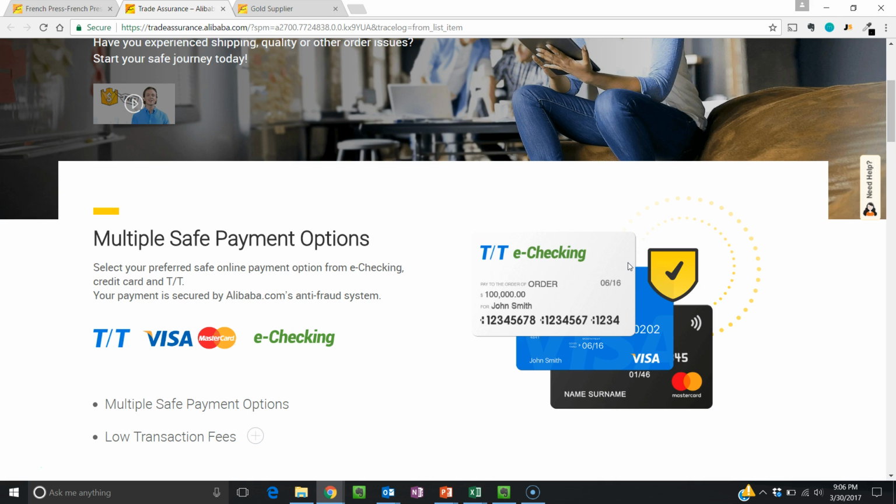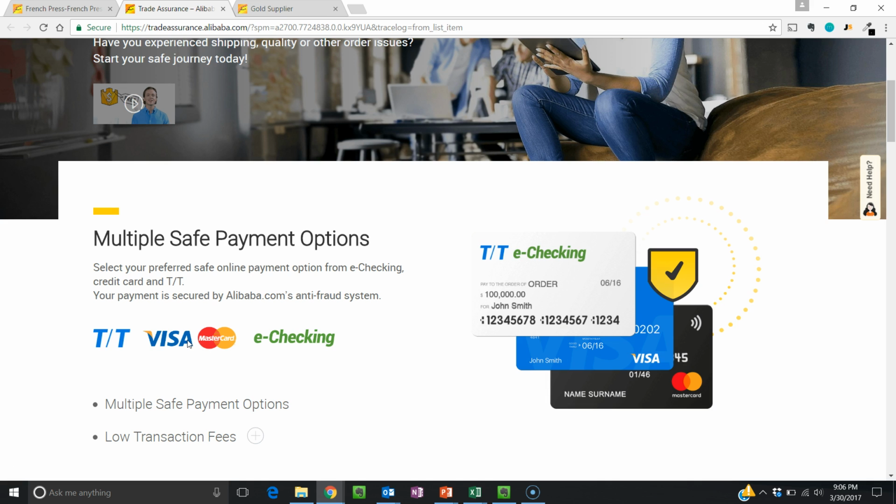It almost acts like PayPal. I know suppliers don't generally like to use PayPal, but it's a system where you can either use TT, which would be like a bank transfer, credit card, or e-checking. I prefer using e-checking because it has much smaller fees.